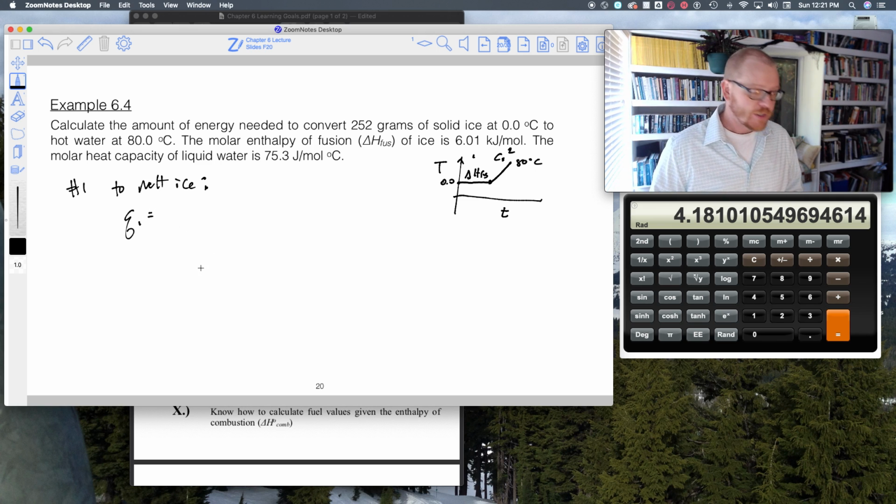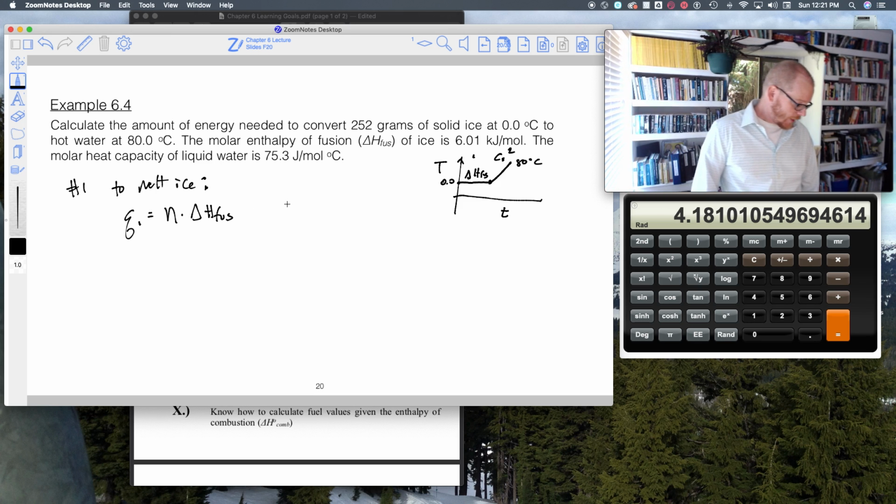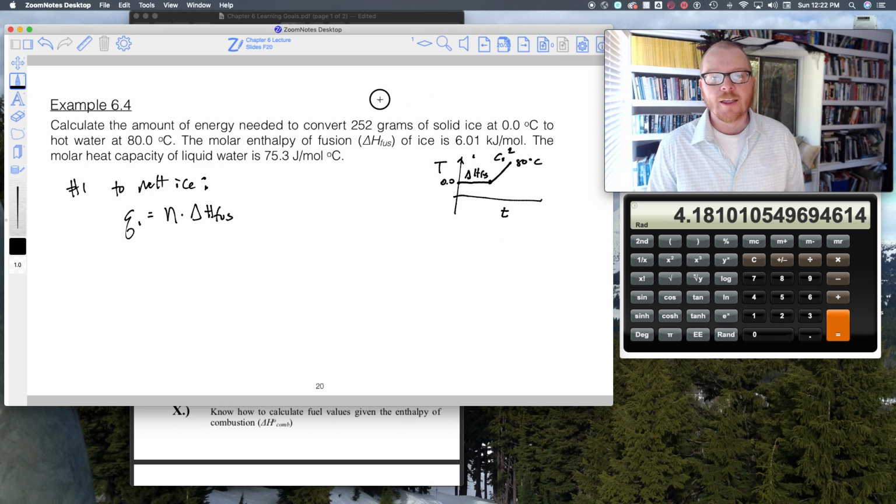Okay, so I don't have a formula for this because it's our stoichiometry, but I'll write a formula. It's going to be n times the delta H of fusion. Okay, and so what that means is I need to convert this 242 grams into moles.